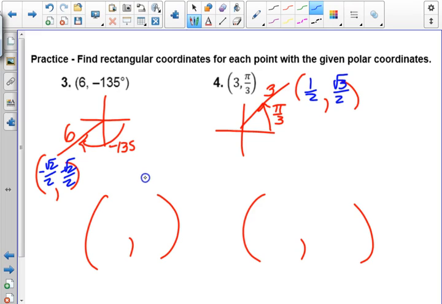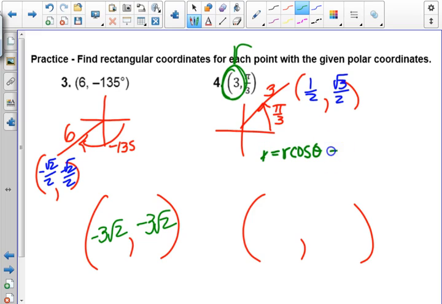Anybody checking me? So when I multiply by r, this becomes what? And over here, when I multiply the r of 3 by the x and the y, again, it's x equals r cosine theta. So that becomes 3 times 1/2. Everybody knows where I'm getting this, right? Y equals r sine theta, which is 3 times square root of 3 over 2, which doesn't simplify.